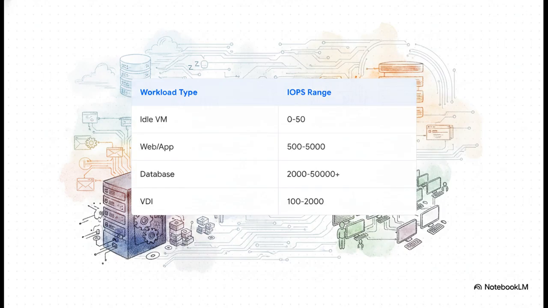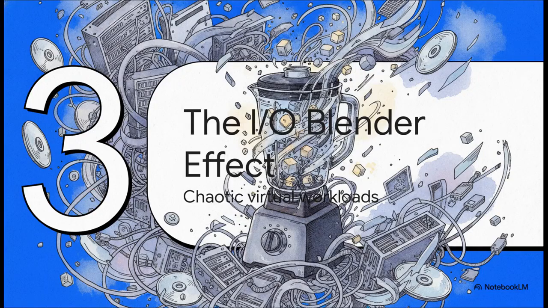Throw in database servers with their intense transactional needs, and they can easily demand anywhere from 2,000 to well over 50,000 IOPS. And then there's virtual desktop infrastructure, or VDI, which can suck up 100 to 2,000 IOPS per user. Getting a firm grasp on these standard IOPS ranges is quite literally the foundation for provisioning your virtual storage the right way.